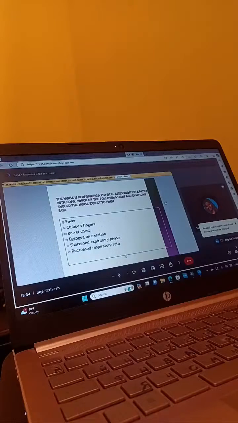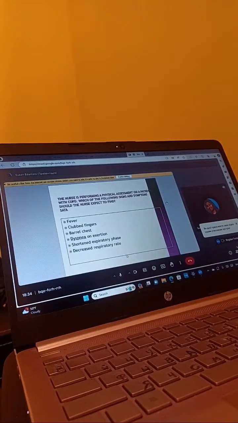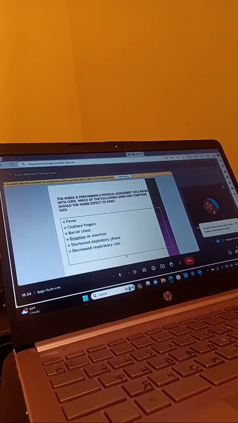Now let me explain why patients with COPD will have clubbed fingers. Whenever there is less oxygen in the body, the body tends to take the oxygen and give it to central organs, which are our heart, lungs, brain, and kidney. The peripheral circulation, which is our hands and legs, gets less blood.